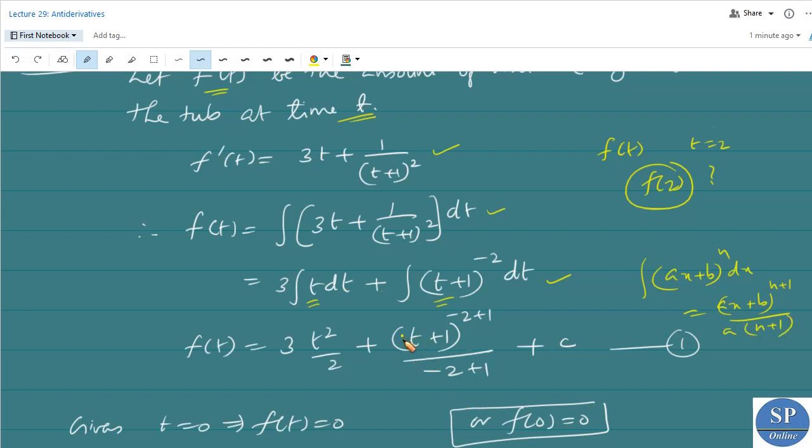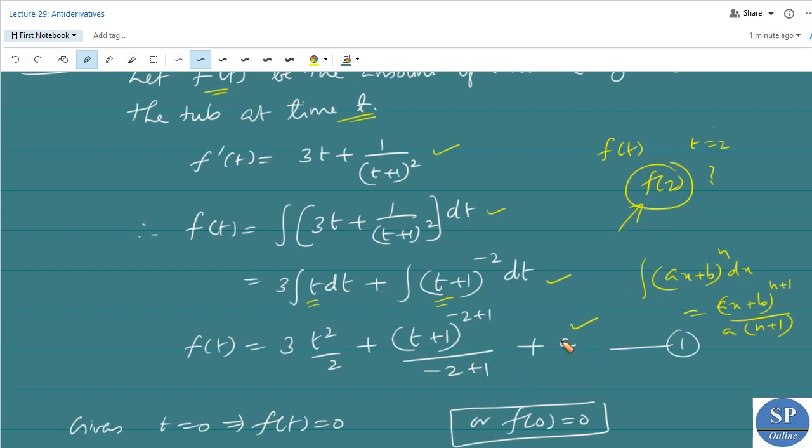Here a is equal to 1 and n is equal to minus 2. So we have (t plus 1) power minus 2 plus 1 divided by minus 2 plus 1, into 1, plus constant of integration c.